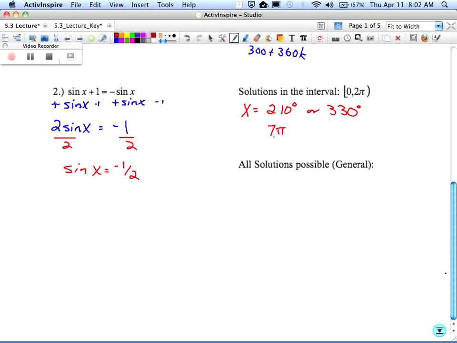I don't care how you write your answer. Some teachers will tell you because the 0 to 2 pi is the interval that they want the answer in radians, right? I really don't care. And then again, the solutions, 210 plus 360k.